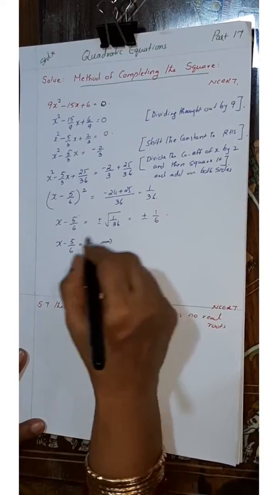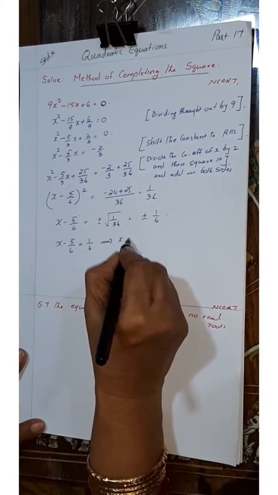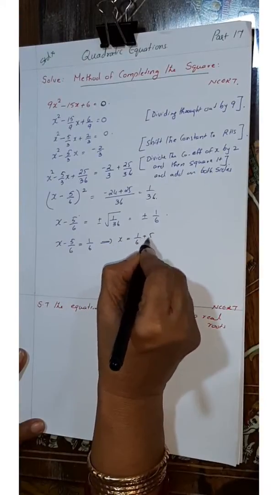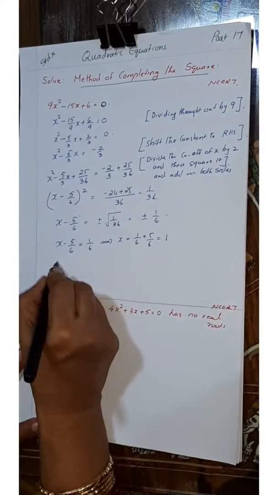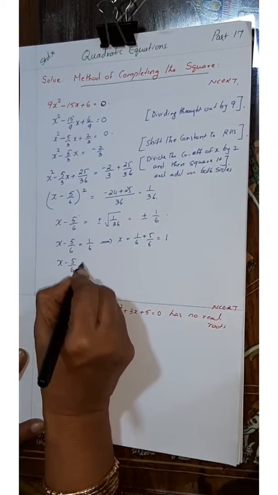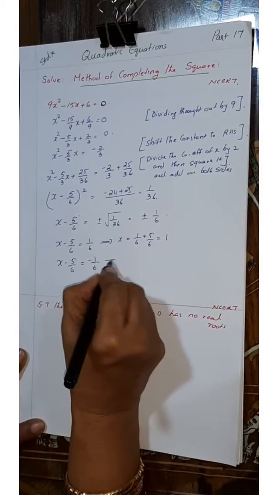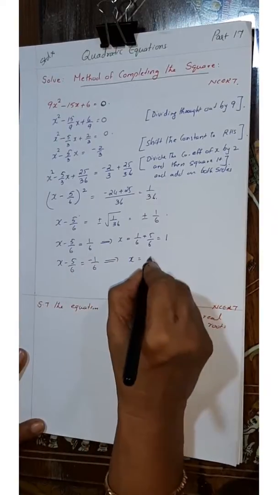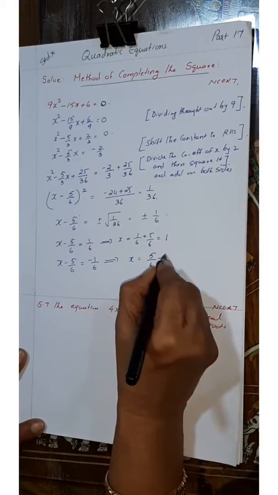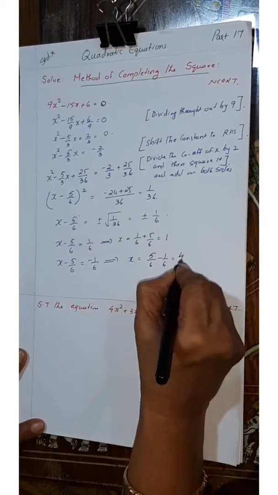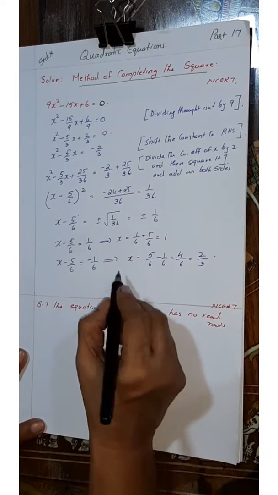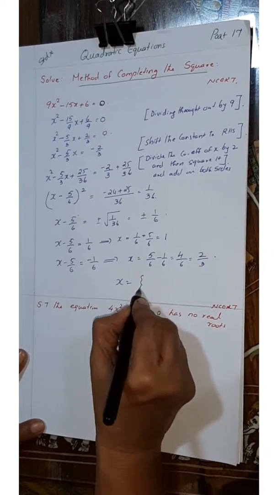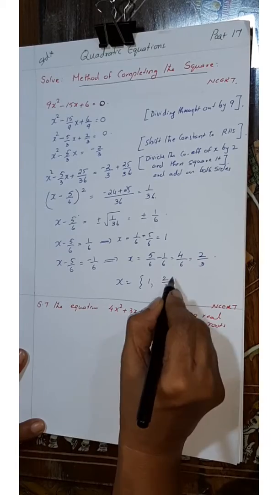From this you will get x is equal to 1 by 6 plus 5 by 6, equal to 6 by 6, is equal to 1. x minus 5 by 6 is equal to minus 1 by 6. So x is equal to 5 by 6 minus 1 by 6, is equal to 4 by 6, is equal to 2 by 3. So the roots of x are 1 and 2 by 3.